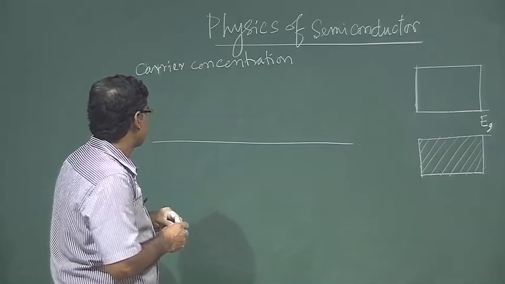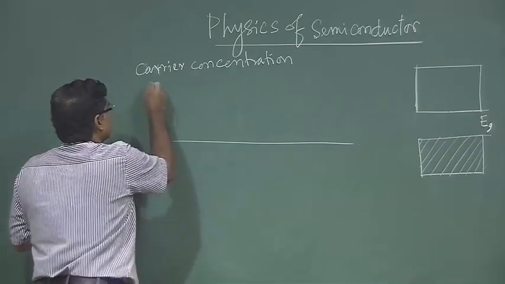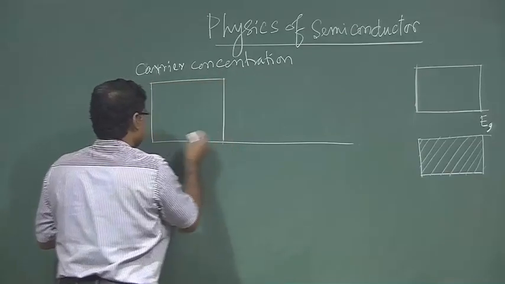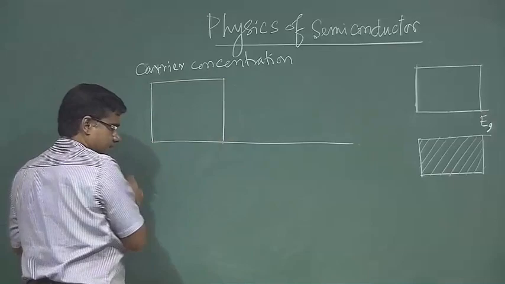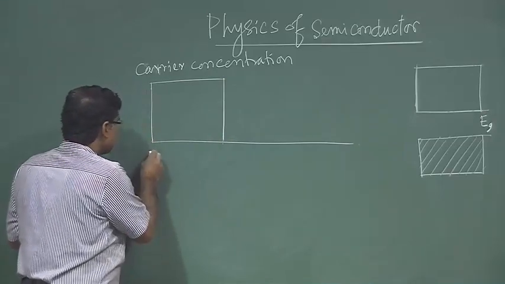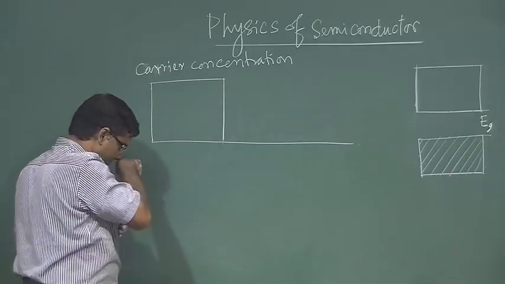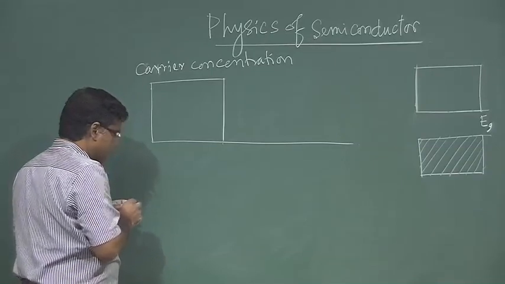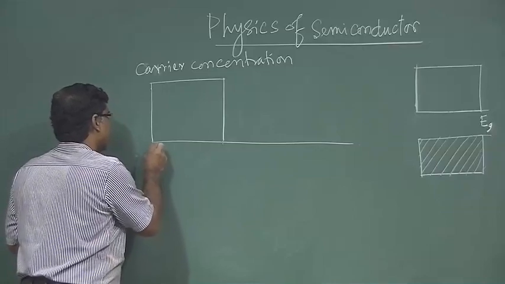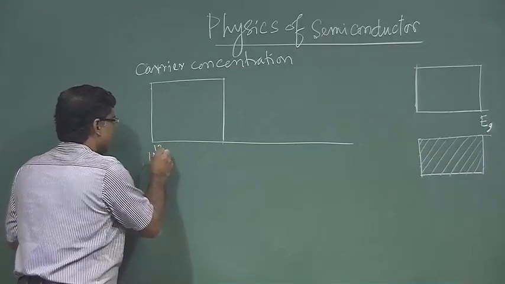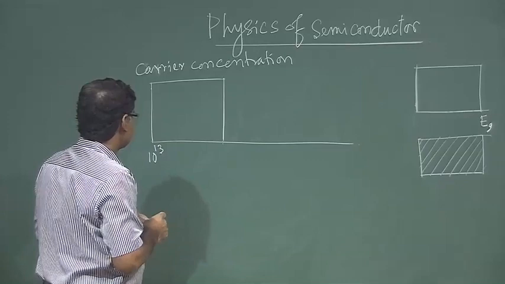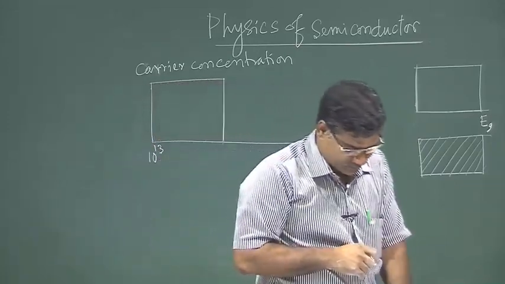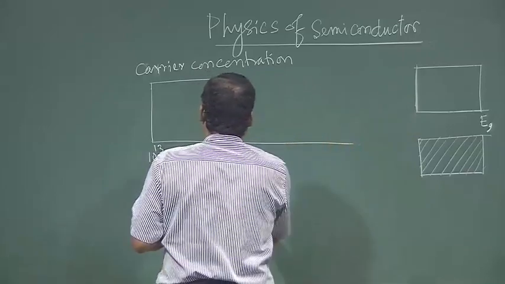Generally for a semiconductor, its range is around 10 to the power 13, say, to 10 to the power around 17 or so.